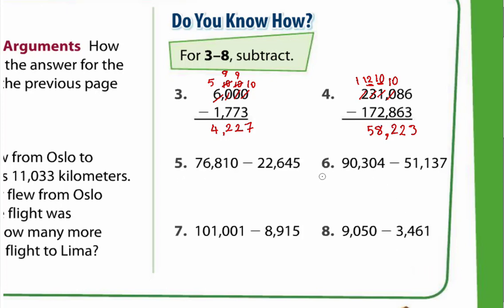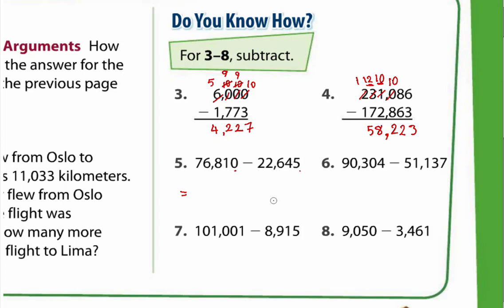This time it's horizontal. We may write it over each other. This is called vertical, and we can also solve it this way. Let's solve it this way. 0 minus 5. I will write the answer in here.